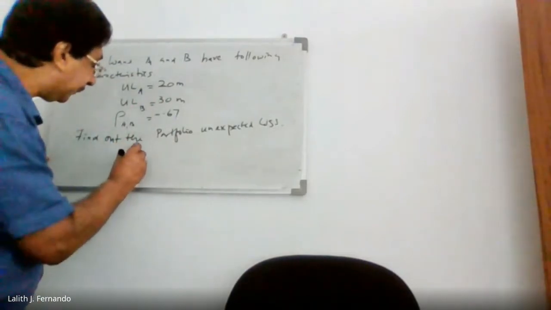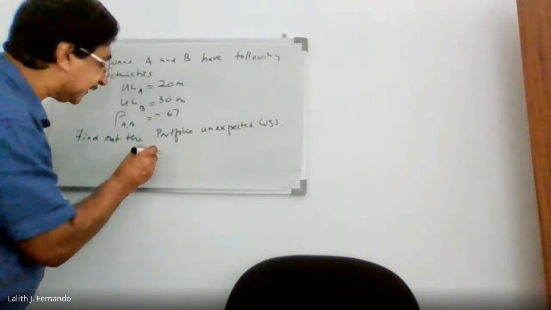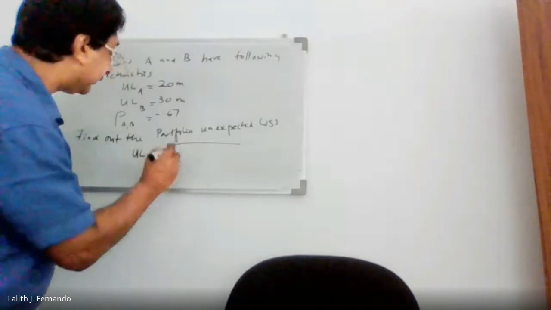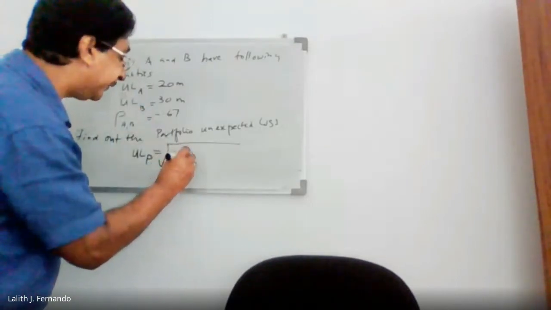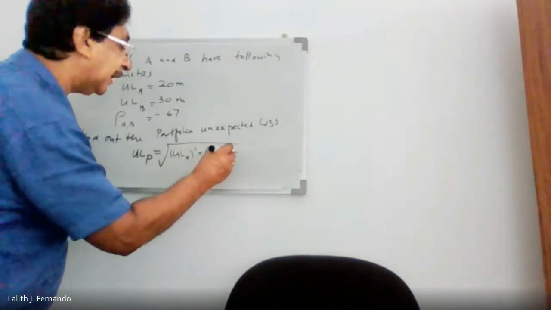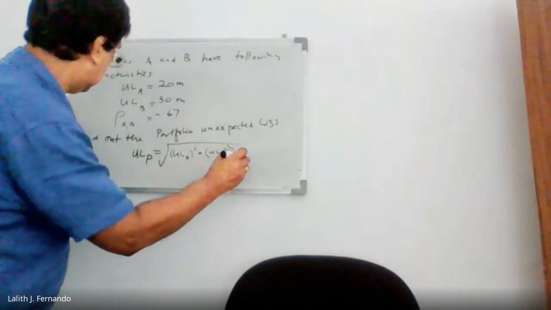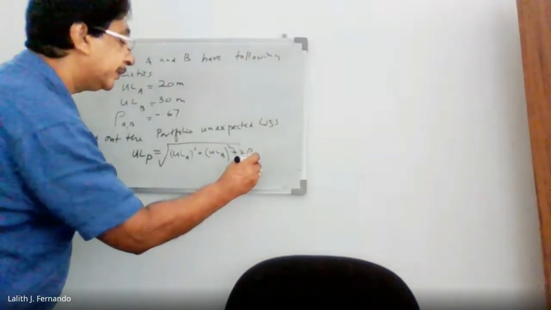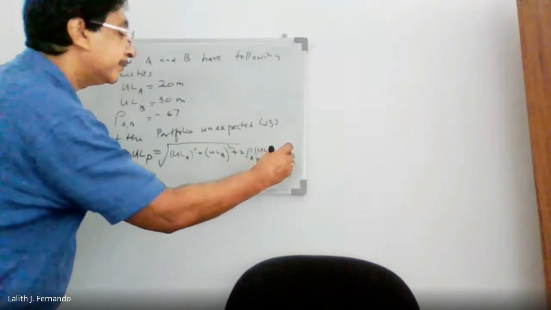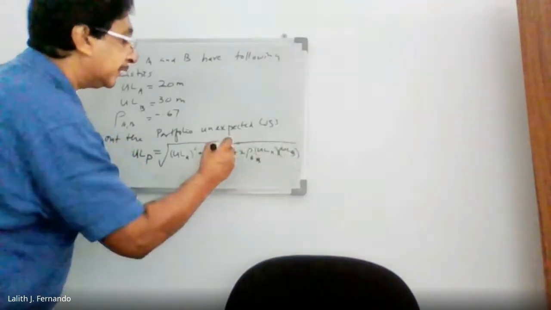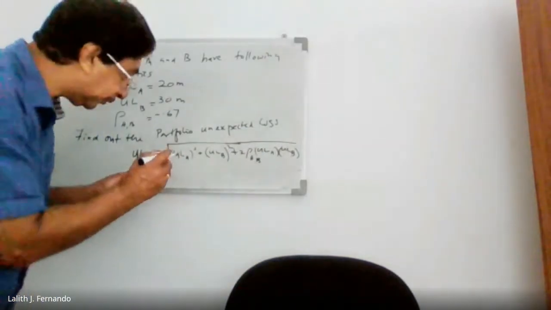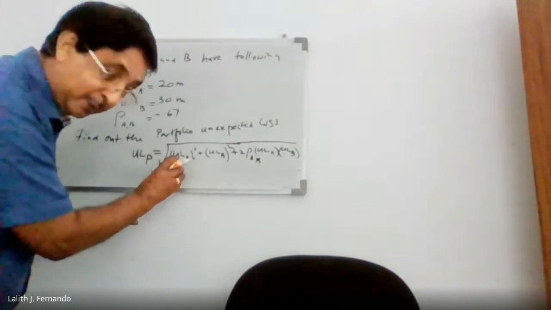Then you say ULP, that is the portfolio unexpected loss, is equal to square root of ULA squared plus ULB squared plus 2 rho AB ULA ULB. Now this is the formula. This is how the formula has to be applied. Now what we need to do is substitute the values here.